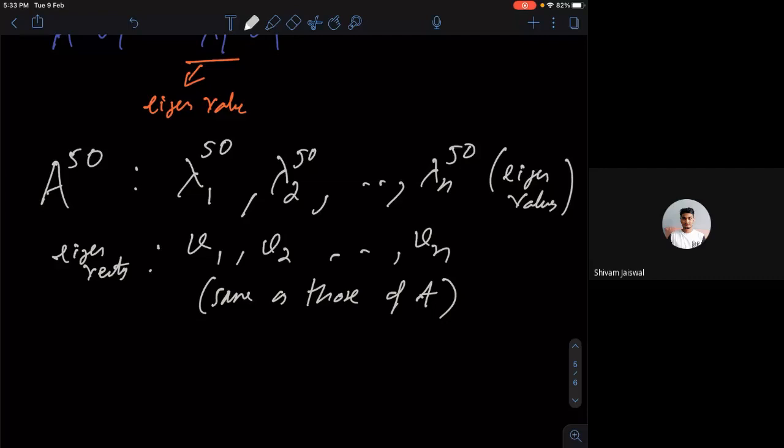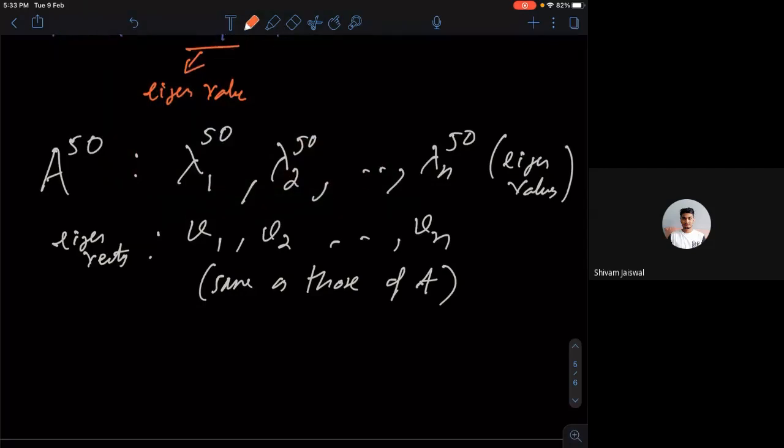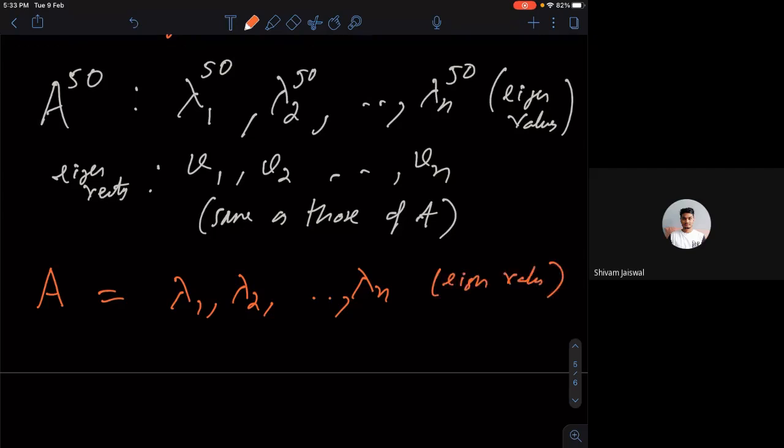Sir, A square can have another lambda, which might not be an eigenvalue for A. It can also happen. Okay, let's see. A has lambda 1, lambda 2 up to lambda n as eigenvalues, which is n eigenvalues, and this is an n cross n matrix.